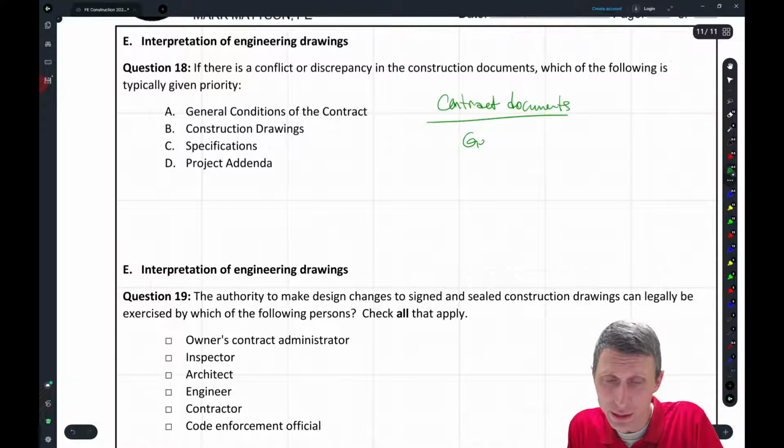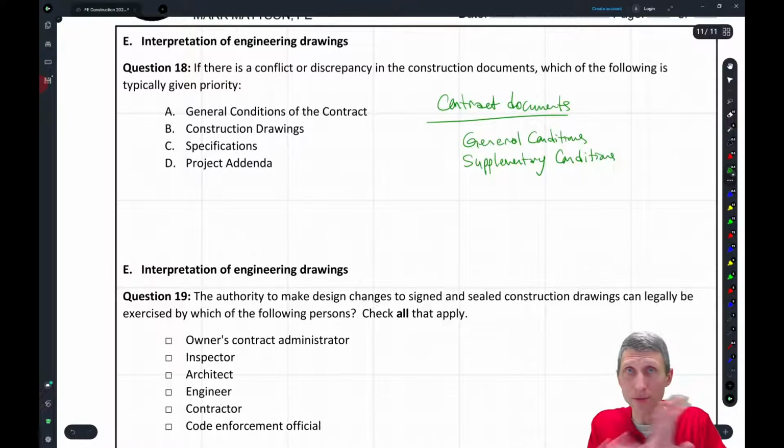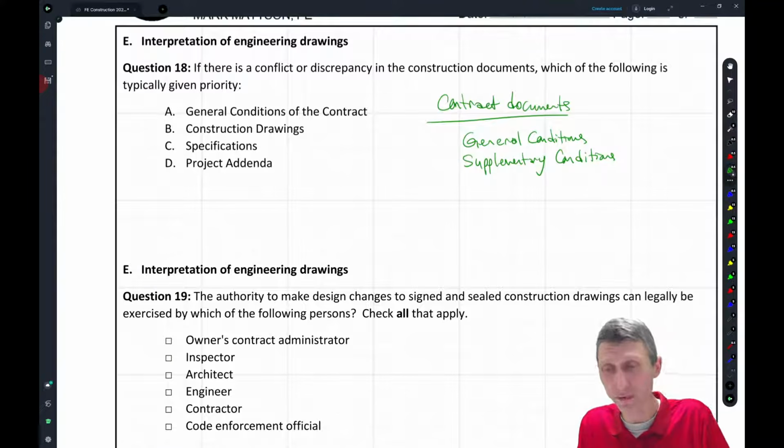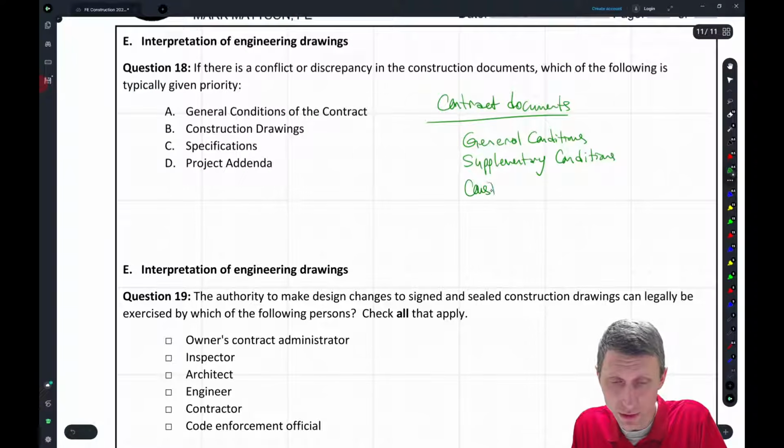You have the general conditions of the contract. Typically you're going to modify those general conditions with supplementary conditions. So the general conditions would be like the EJCDC document, right? That has the major conditions that everybody kind of has agreed to, their standard. The supplementary ones are maybe project specific or agency specific. You're going to have project drawings, so construction drawings. You're going to have construction specifications.